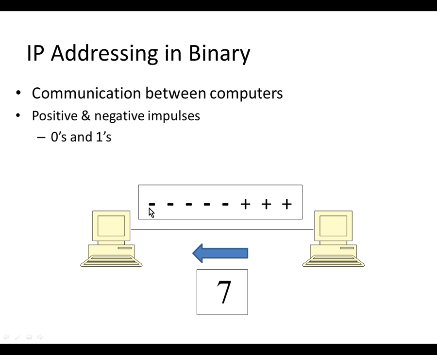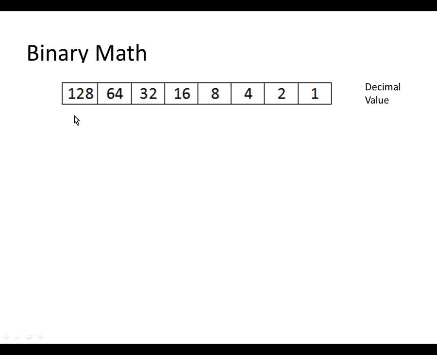So we have 8 positive and negative impulses, and each bit represents the absence or presence of a value. The first value is 1, the second is 2, the next is 4, 8, 16, 32, 64, 128. So if we have 7 zeros and a 1, then that represents the number 1.